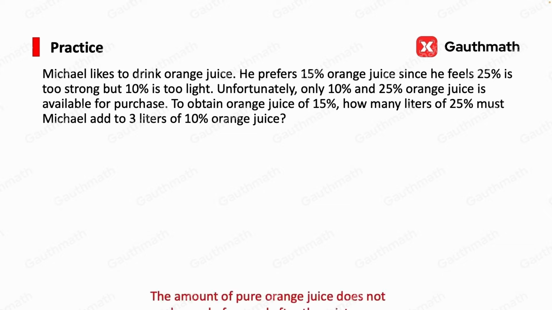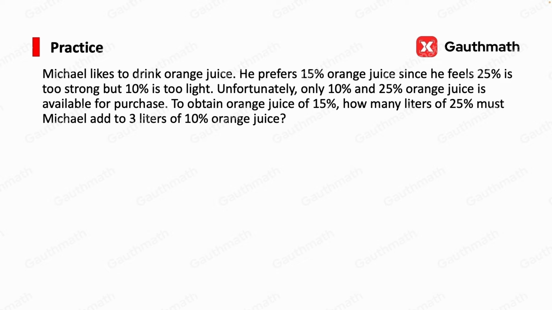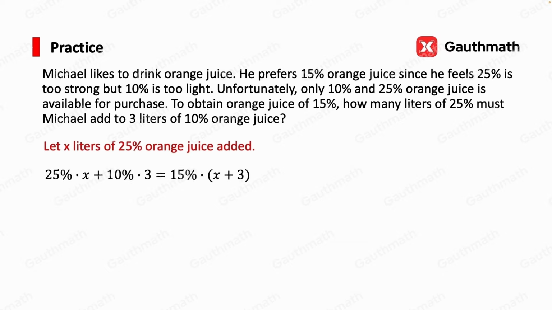Remember this. The amount of pure orange juice does not change before and after the mixture. Okay, so first, let X liters of 25% orange juice be added. And then we're going to form an equation like this.